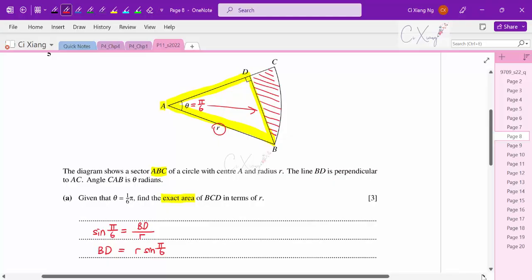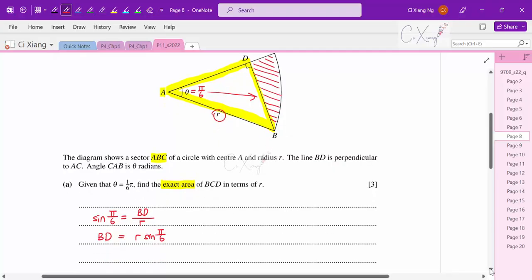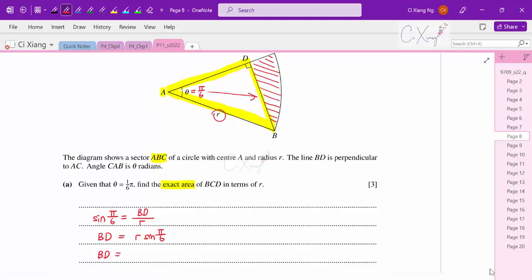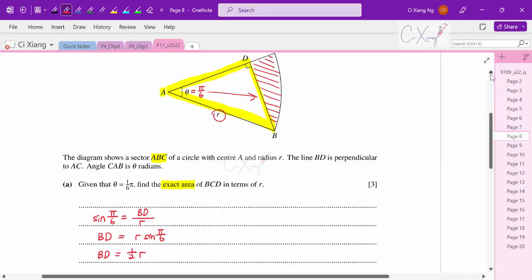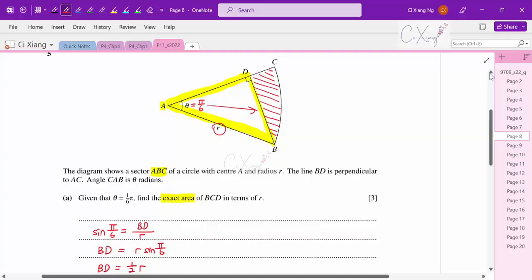The value for sine pi over 6, which is sine 30 degrees, equals half. So I have BD equals half R. This is one of the important pieces of information that we can get from the triangle. Next, we get the length for AD.